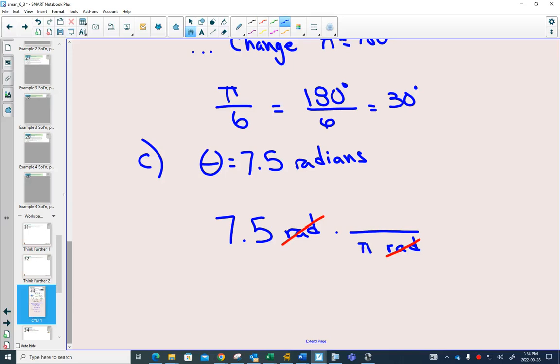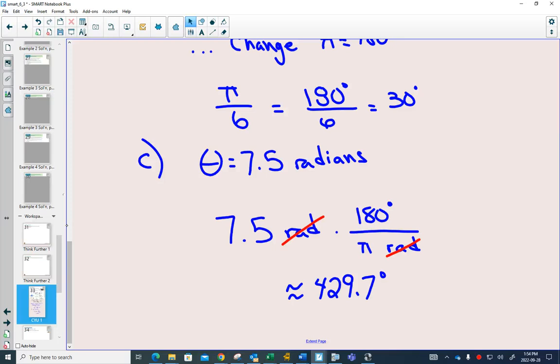So that will put pi radians is equal to 180 degrees. Take out my calculator, 7.5 times 180 divided by pi, to the nearest tenth, 429.7 degrees. I can't use the shortcut in this one because there's no pi in the original to change it.